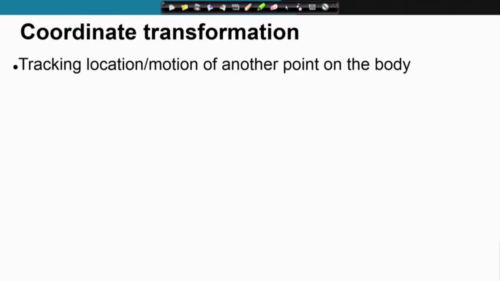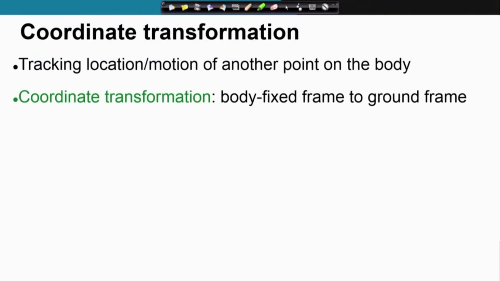So, I want to track the location or motion of another point on the body. For that I require coordinate transformation. This coordinate transformation will take the coordinates of the point in the body fixed frame to the ground frame. That is the purpose of the coordinate transformation.